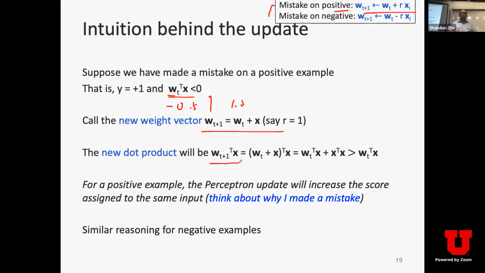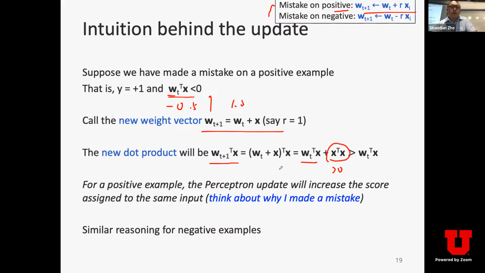The new score will be w_{t+1} transpose x. We know that w_{t+1} is simply w_t plus x. Then you do the dot product with x, multiplying into every term, so we get w_t transpose x plus x transpose x. This is the old score, the score before update, and then we add x transpose x, which is usually bigger than 0.